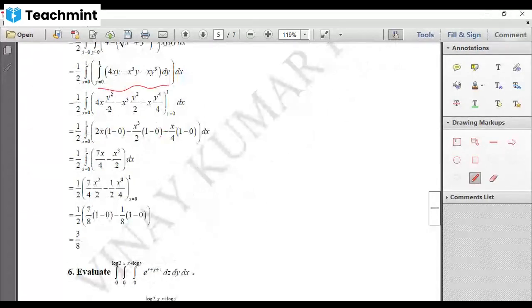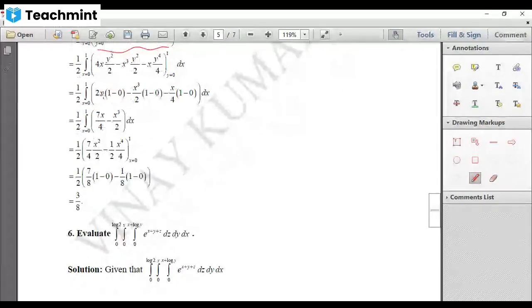Apply the upper limit. 2 2s are 4, so 2x is there. 2 square, 1 square minus 0, that is 1, minus x cube by 2 into 1 minus 0, which is 1, minus x by 4 is 1 minus 0. So simply, because this is 2x and this is minus x by 4, you will get 7x by 4 minus x cube by 2.